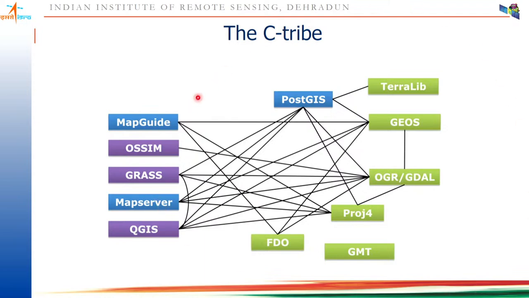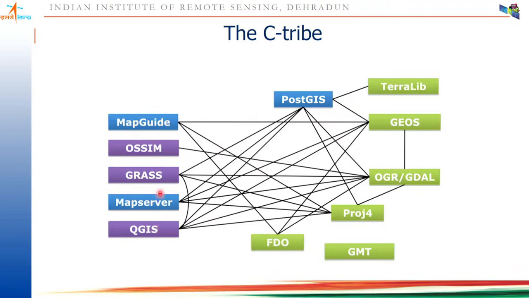But as an end user, if you are not a programmer, if you will not be playing around with the source code, but rather the end product itself, then this is not very important for you. But for those who want to go into the kernel and into the depths of the software and how it is working and why it is working the way it is working, you have to select the software based on your choice of programming language.